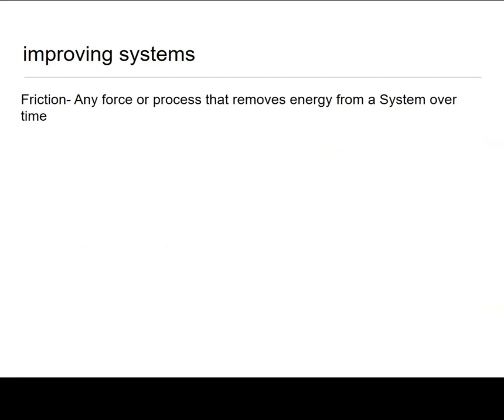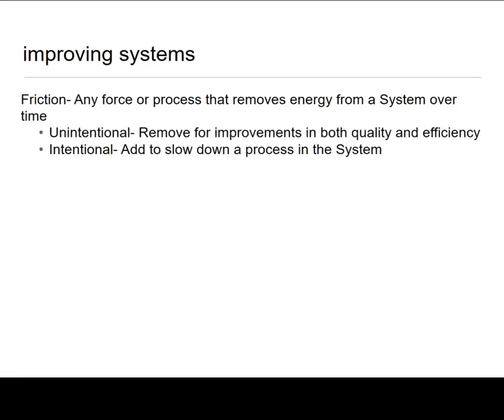Friction is any force or process that removes energy from a system. When friction is present, it's necessary to continue to add energy to a system or process to keep it moving at the same rate over time. Unless additional energy is added, friction will slow the system down until it comes to a stop. If you remove the friction, you'll increase the system's efficiency.